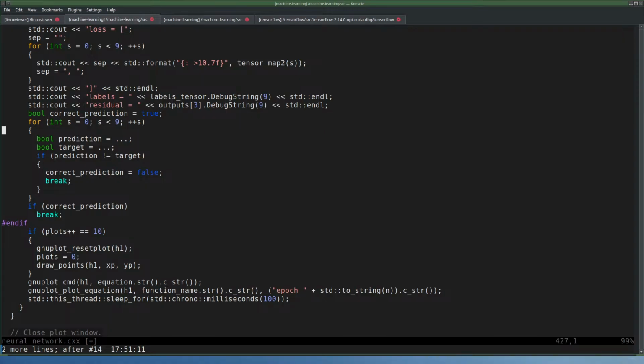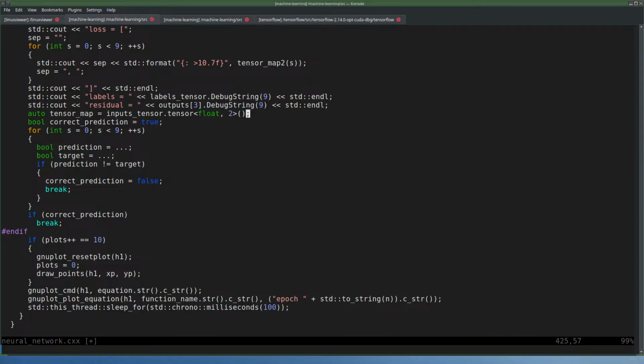So I can do labels tensor float 1. And prediction is no, I need a value from as a dual.